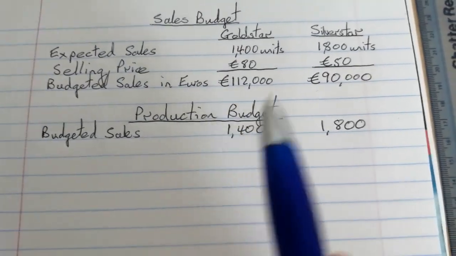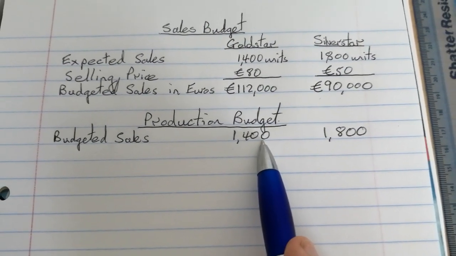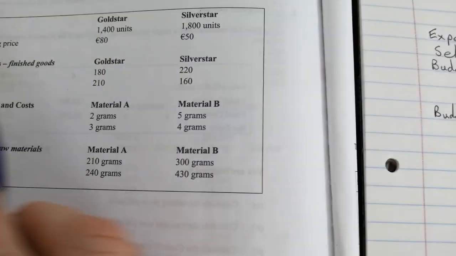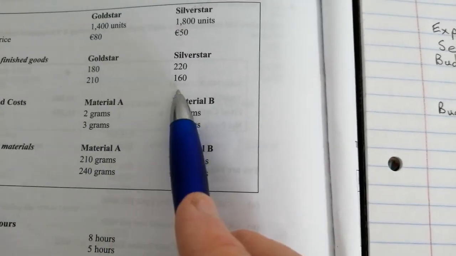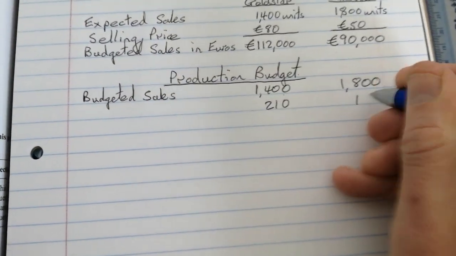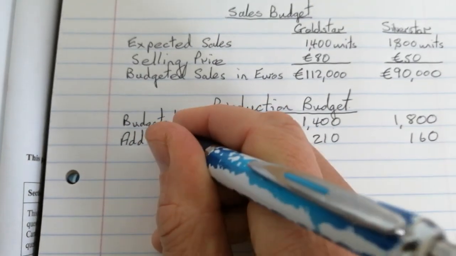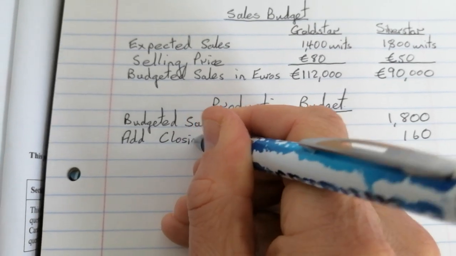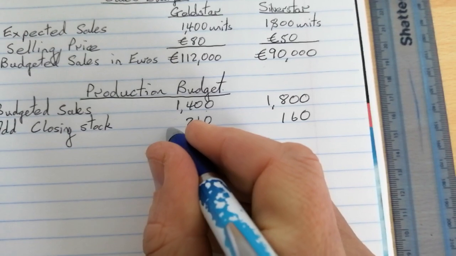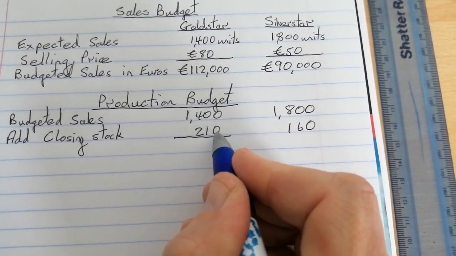Okay, so what we do over here is we say, well, if I'm trying to figure out how much I want to produce, I have 1,400 of these to sell, and then I need to produce some more also if I want to have a closing stock. So for instance, it says closing stock of Gold Star 210 and Silver Star 160. Let me just write them down here, 210, 160. So I need to add the closing stock if I want to have this number to sell and this number left over.